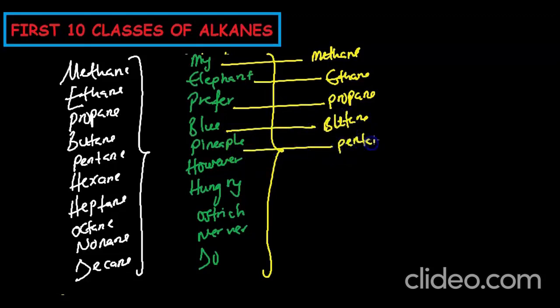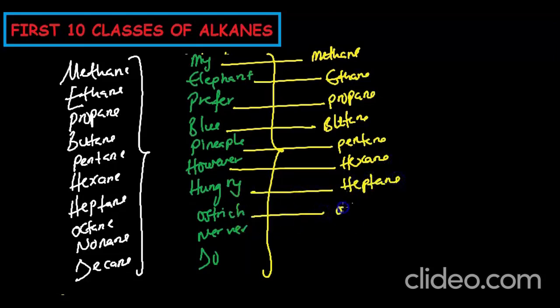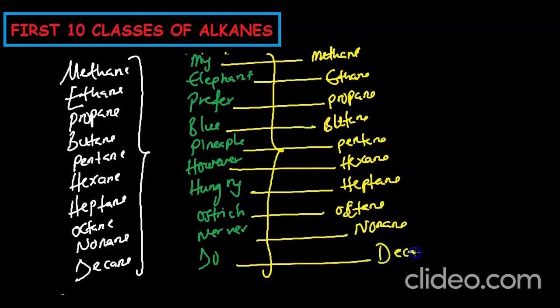However is hexane. Hungry is heptane. Ostrich is octane. Never is nonane, and do is decane. So we have obtained our mnemonic, and I think this method is easier for us to cram.